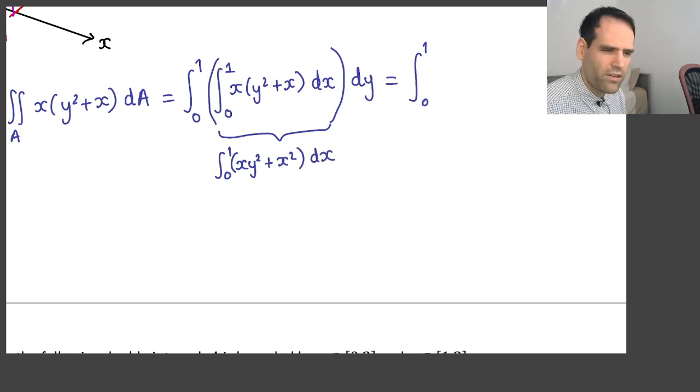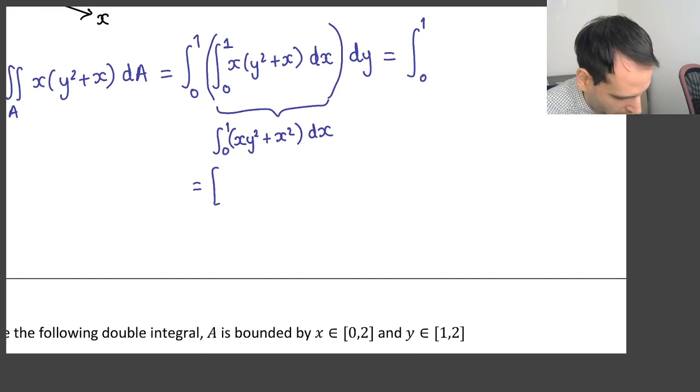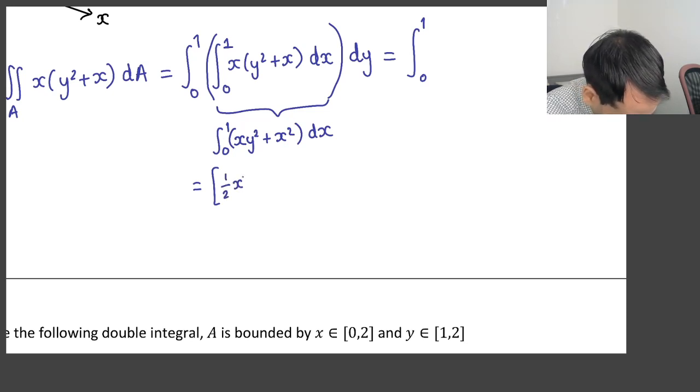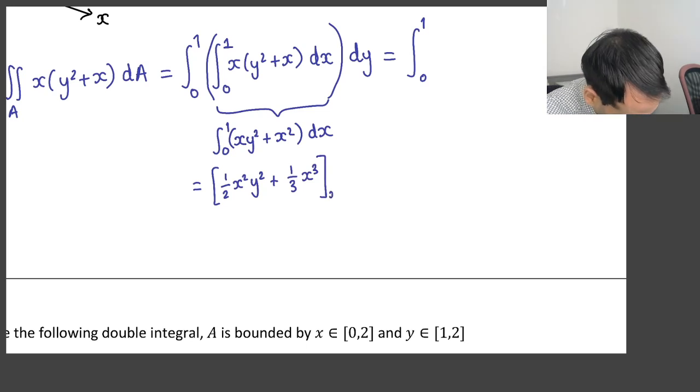So I have to do the integral of that. So I have to find an antiderivative. So what function, when I calculate the derivative, gives me this? So that is very easy. That should be 1/2 x squared y squared plus 1/3 x cubed. And this has to be evaluated between x equals 0 and x equals 1.